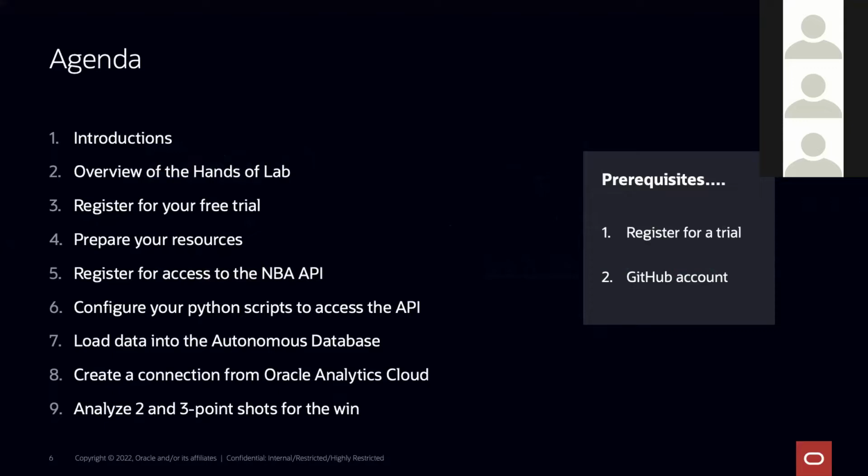If the Terraform isn't working, it does create a new compartment. Samuel's going to cover that for you, but we may not be able to get to all the questions because this was designed from a time perspective for a brand new clean tenancy. You also have to have a GitHub account, which you will need in the section after we prepare resources to get the NBA API.